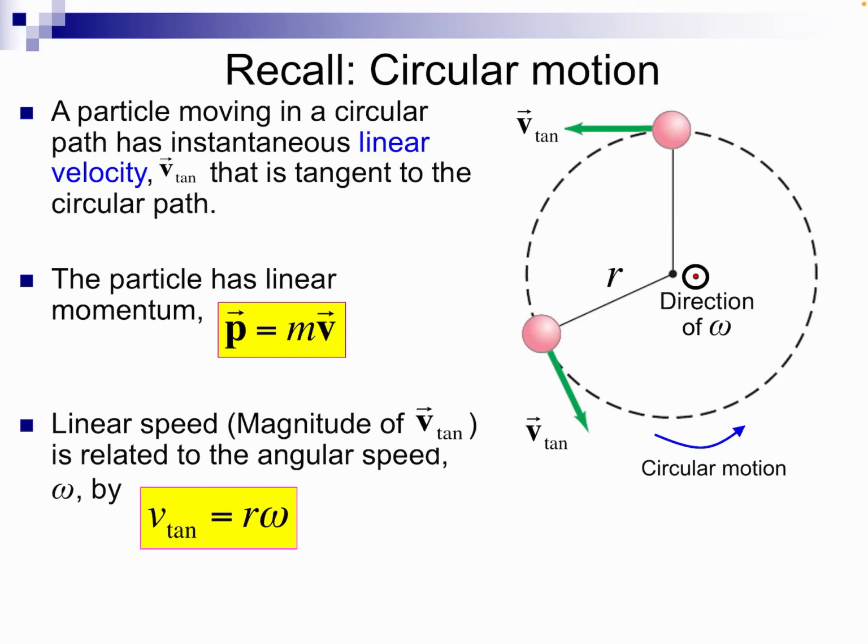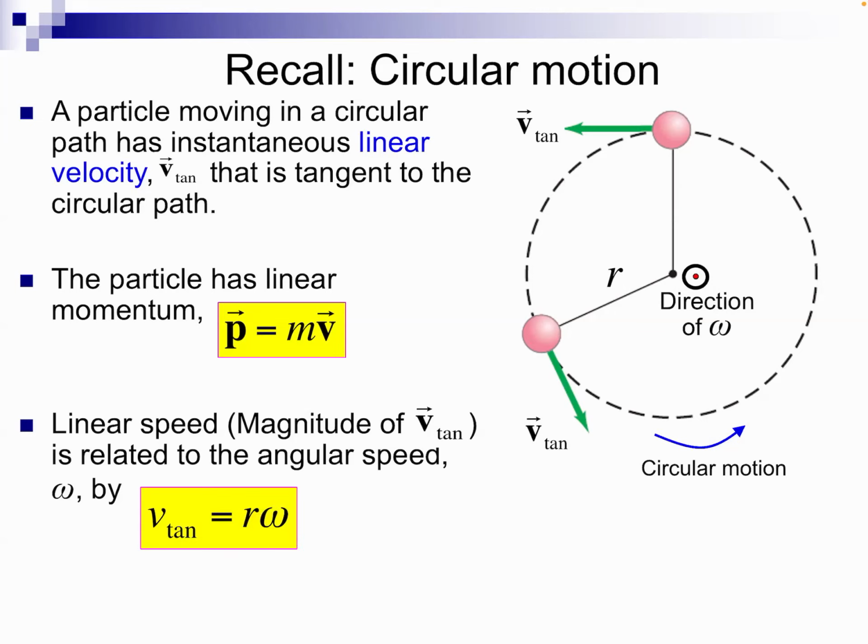The direction of angular velocity is given by the thumb, which we represent as this dot, meaning you can look at it as an arrow pointing outward, out of the board or out of the page. And we can relate the angular speed of the rotating particle to its linear speed via the radius of the circular motion.